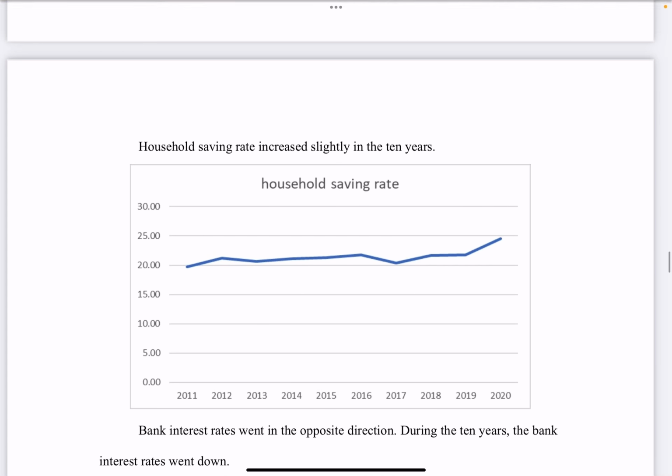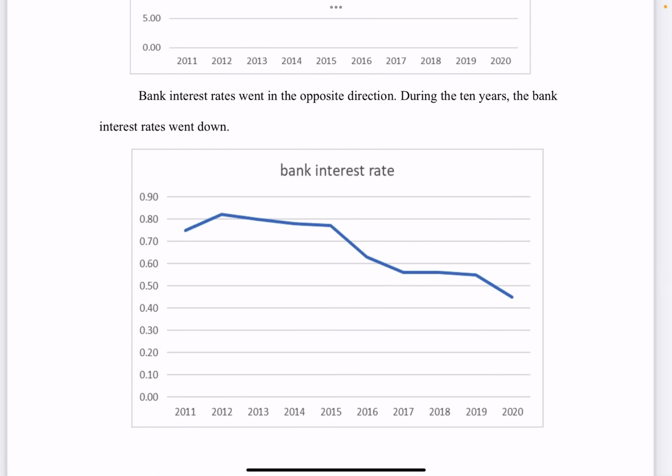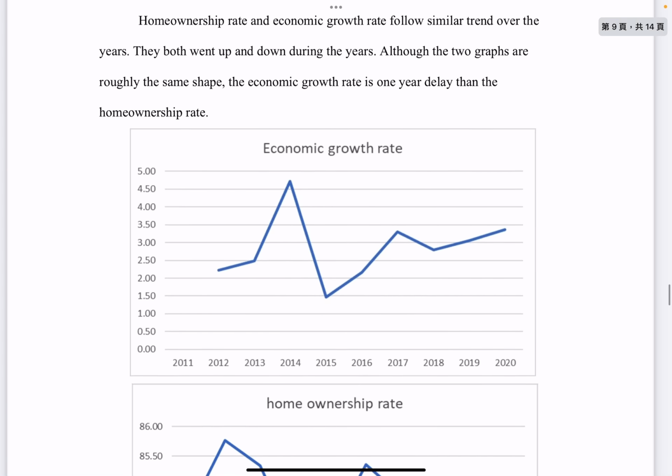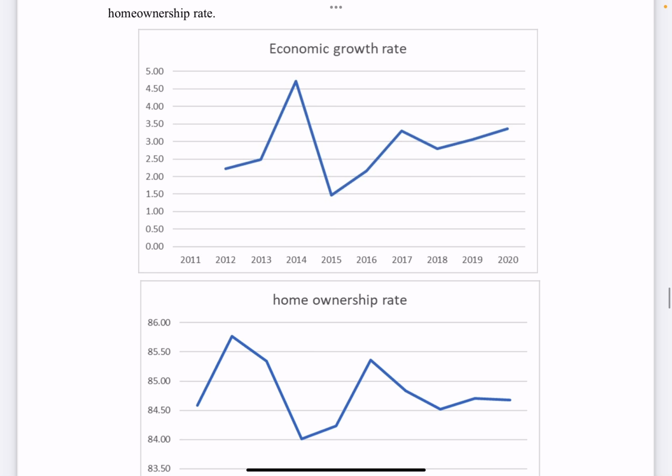And household saving rate remains steady and increased a little. However, the bank interest rate decreased during the years. And the economic growth rate and home ownership rate fluctuated and have similar trends during the years.